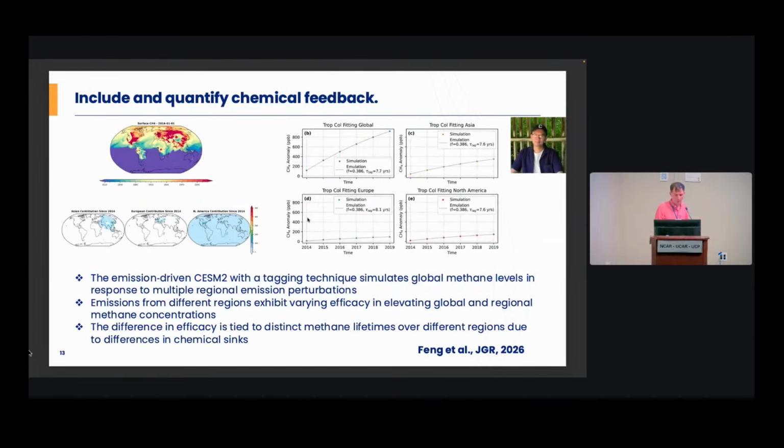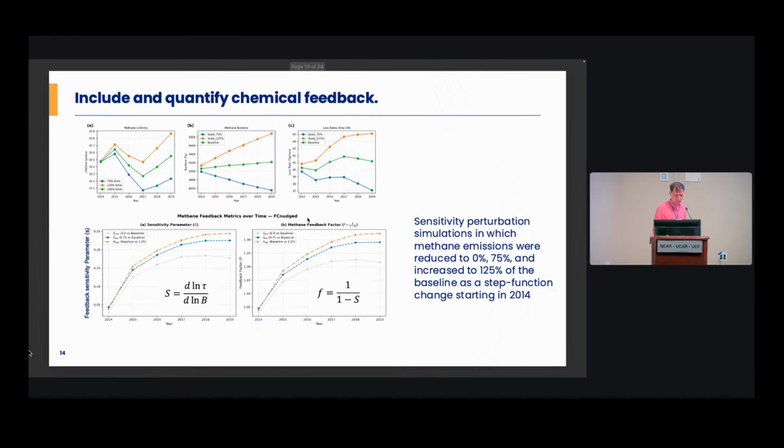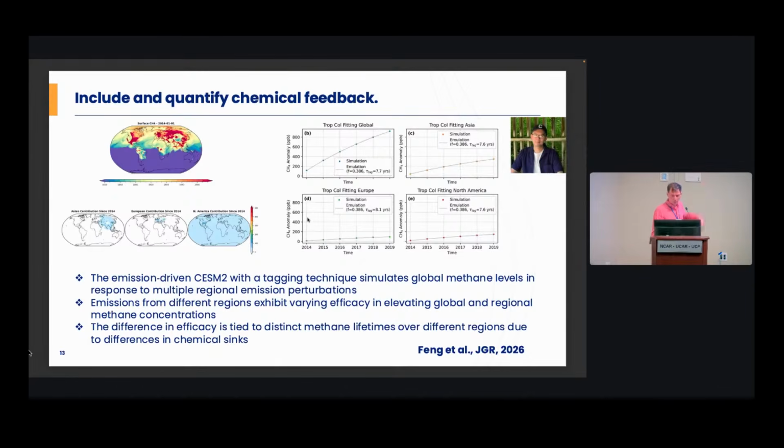So Xuan Feng at Texas A&M, we've been implementing methane tags to look at the regional impact of emissions, and then we can calculate the different lifetimes in here, where we're using the European, Asian, and American tags to look at their relative efficacy on the methane concentration.